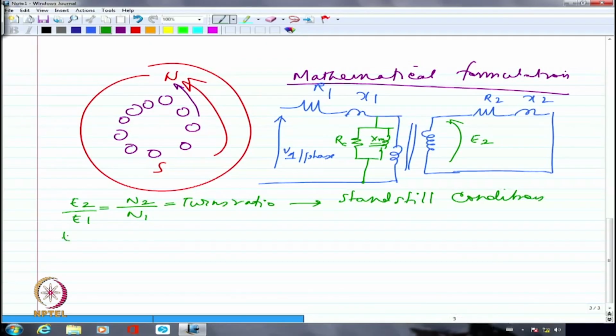So I'm going to have E1 equal to 4.44 f phi into number of turns N1, and similarly E2 is going to be 4.44 f phi into number of turns N2, assuming that the same flux links both of them. I have neglected leakage. This is what is the truth.